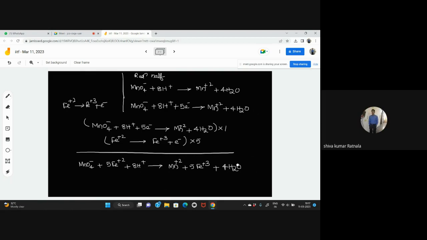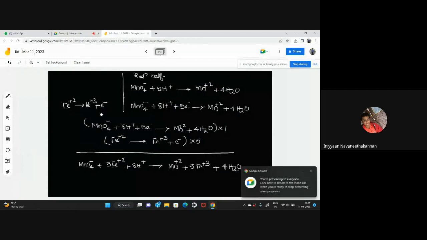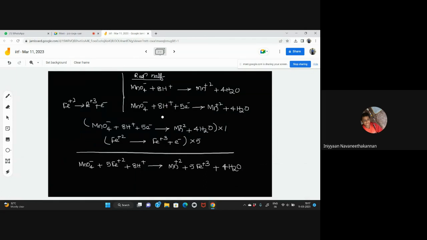Sir, I don't understand the last reduction step. Why did we add 8H plus? See, 5 electrons. Last step, generally our last step is to balance the charge, right?